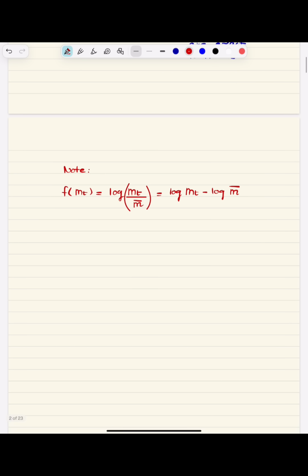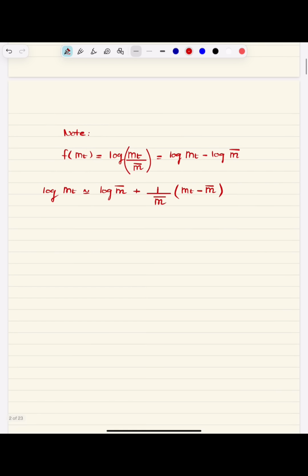If I take the Taylor expansion, this is a constant, so the only variable that will require linearization would be this. As you can see, the linearized version of log m_t is just going to be the value of the function at the steady state, plus the derivative, which is 1 over m_t, and when m takes value m bar, it's just going to be 1 over m bar, and then we have m_t minus m bar, the deviation.